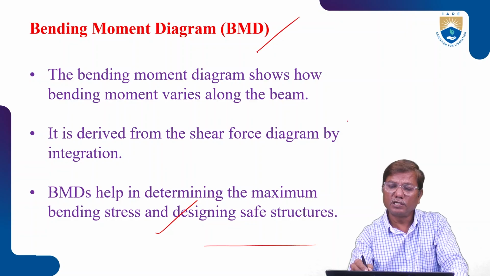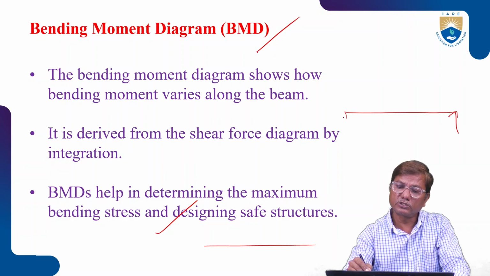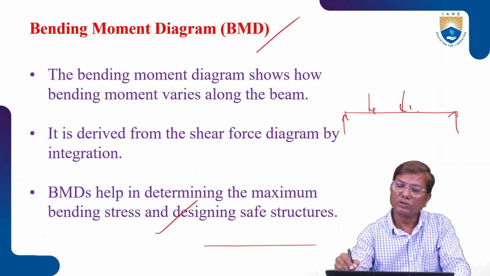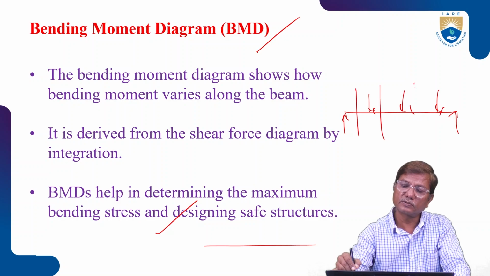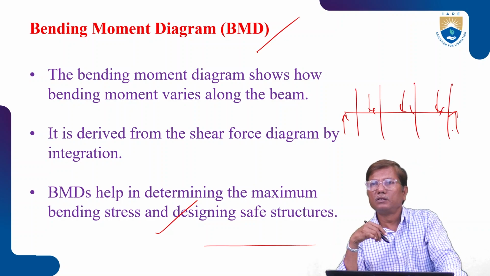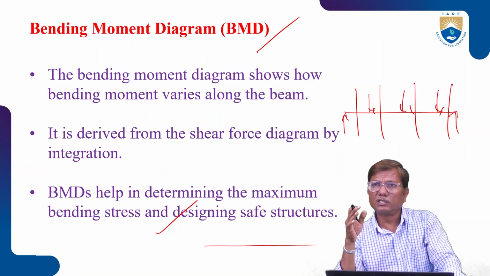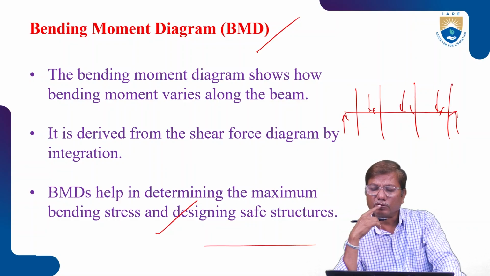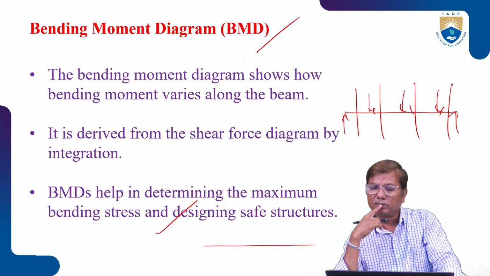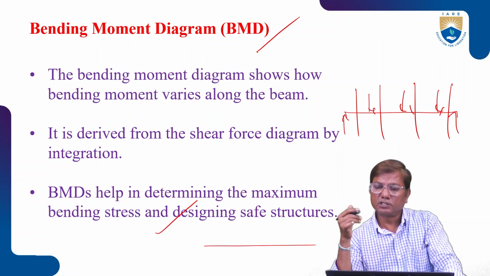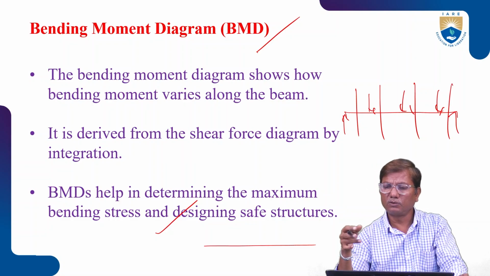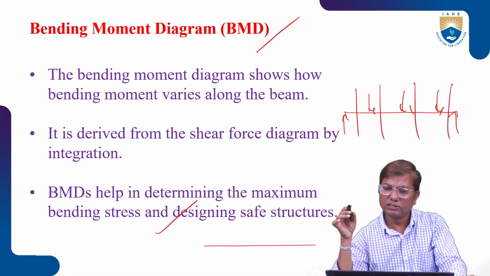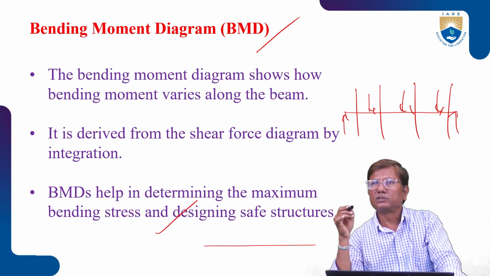And how to calculate bending moment? For this also, we consider different sections between different points where the load is changing. The number of sections depends on the number of load changes that take place.